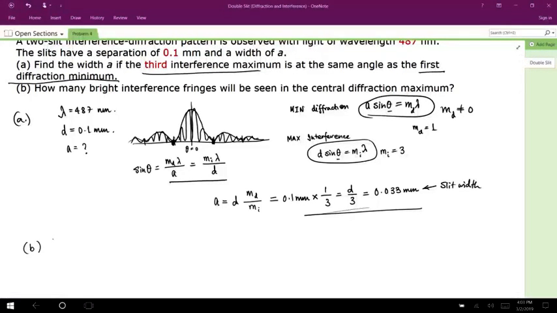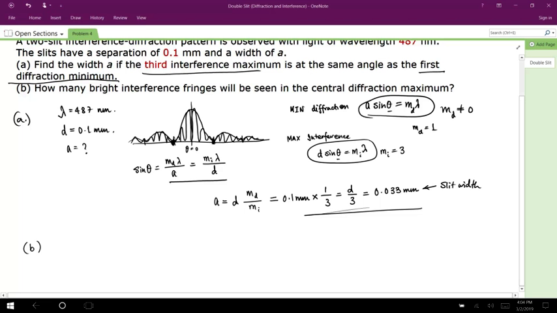So we have to know what the central diffraction maximum is. Well, the central diffraction maximum forms between the first diffraction minima. So this is the first diffraction minimum on the left side, and this is the first diffraction minimum on the right side. In between those two is the central diffraction maximum.